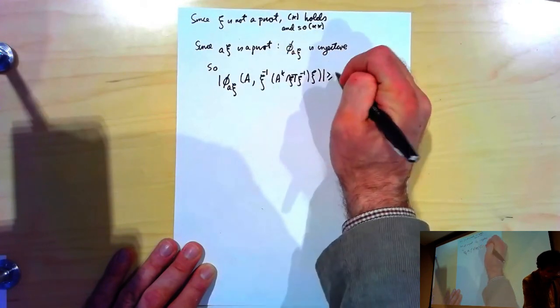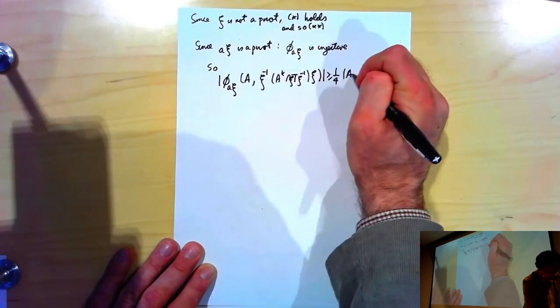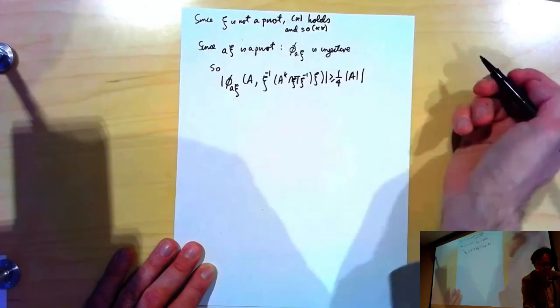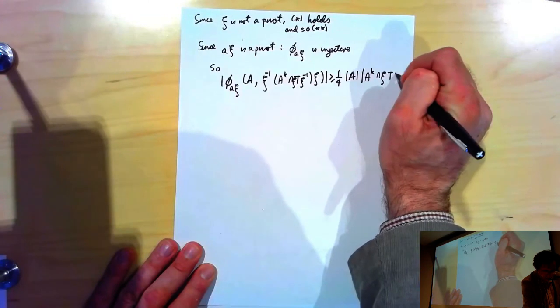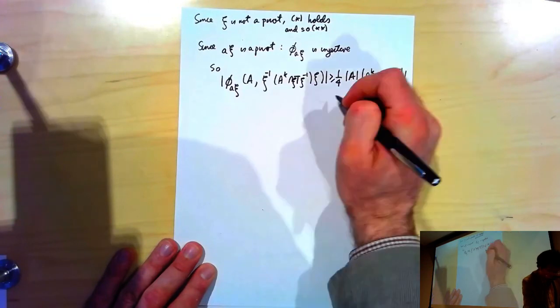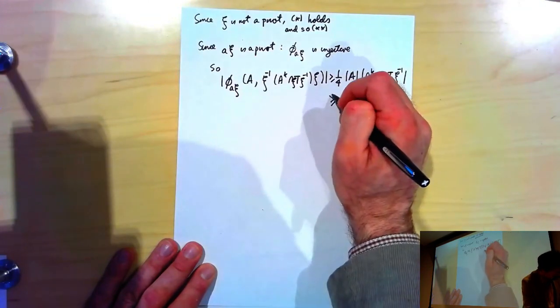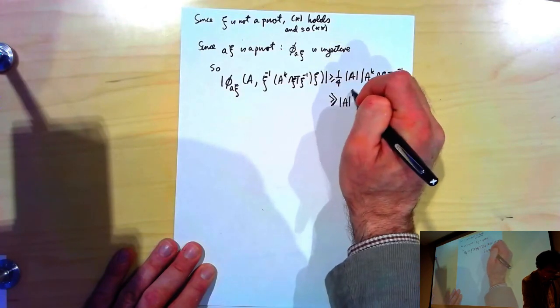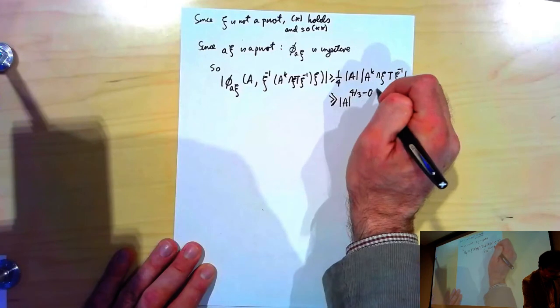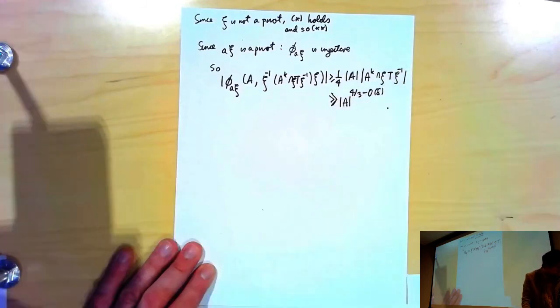So this lies in T. This will be at least 1/4 of the size of A, which is not changed by conjugation, obviously. So it's A intersect ψ T ψ inverse. And this is at least, well, A to the 4/3 minus O of delta. Very well.